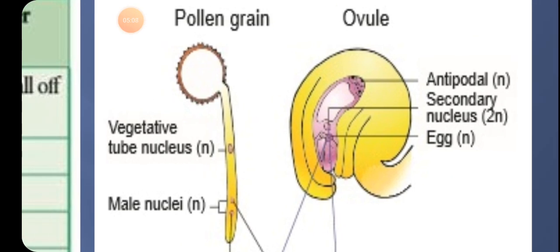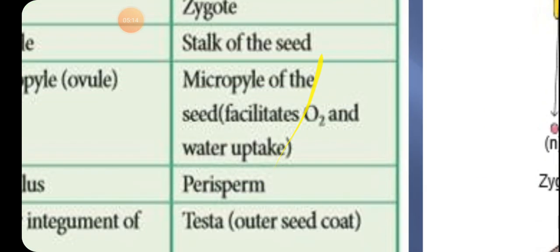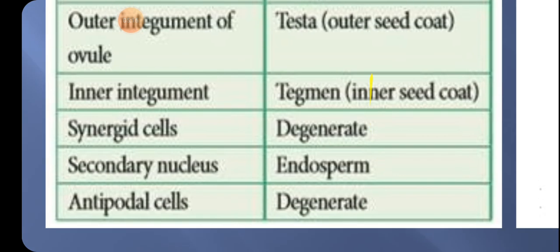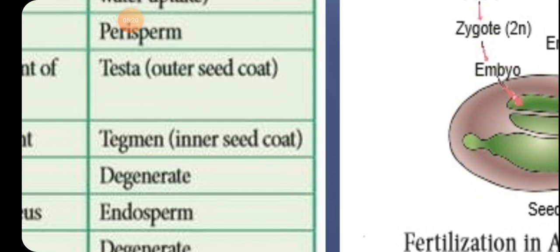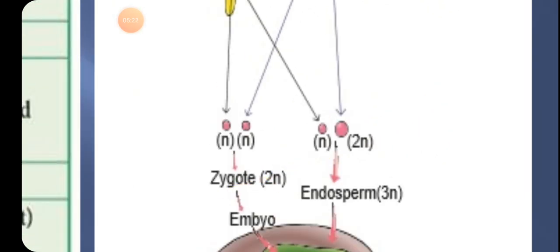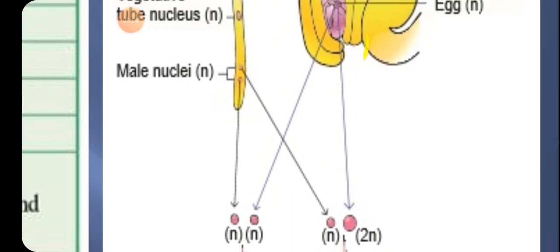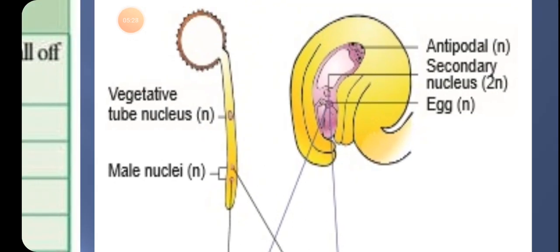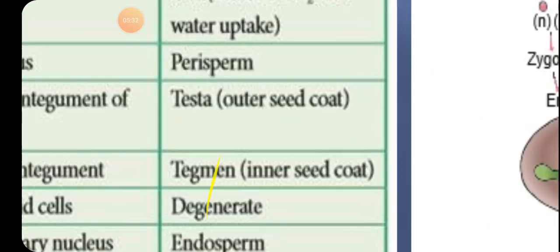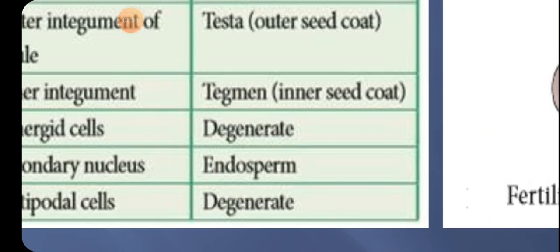The secondary nucleus lies at the middle of the embryo sac, and it is converted into endosperm. The antipodal cells, at the opposite end from the egg, also degenerate.